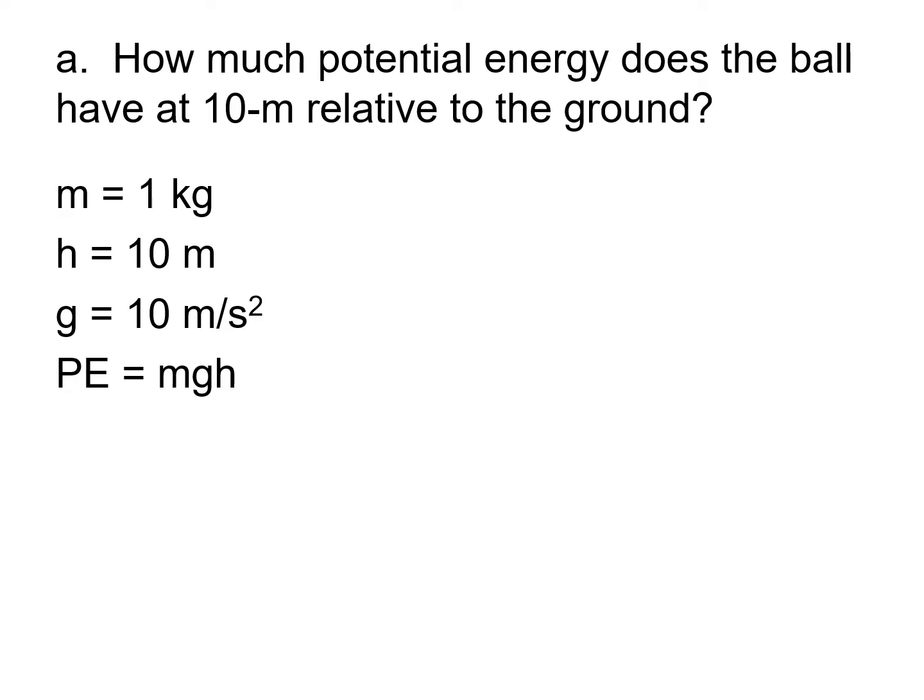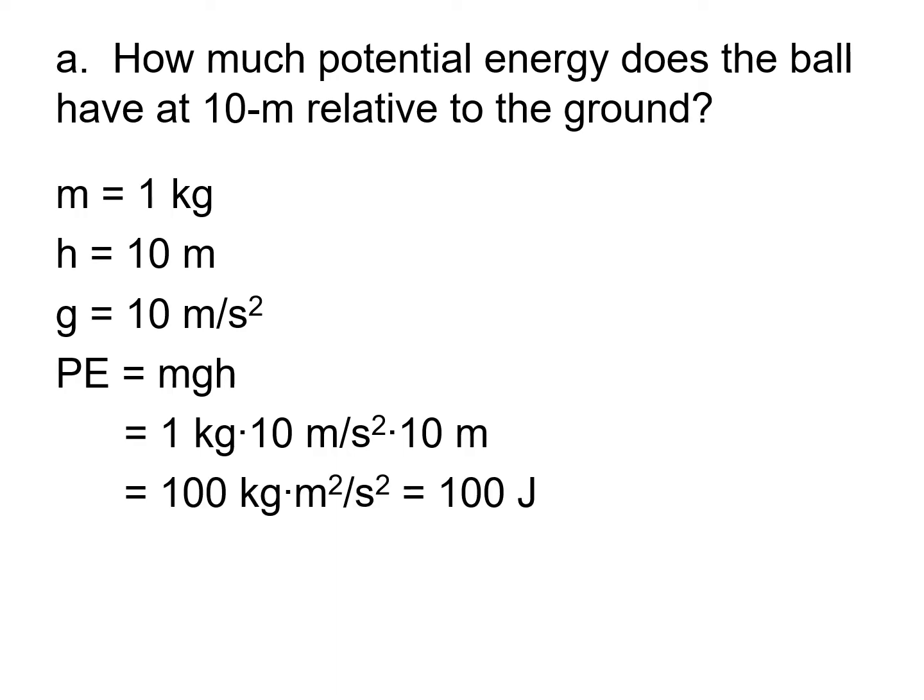The formula for potential energy is mass times gravity times height. So all you have to do is multiply those three together, and you would get 100 joules, 100 Newton meters. That's how much potential energy the ball has if it has a mass of 1 kilogram and if it is raised to a 10-meter height.